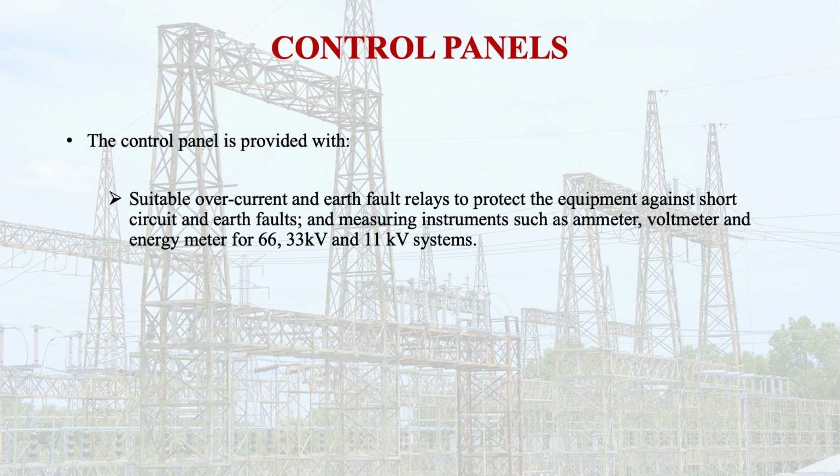Similarly, earth fault relays are used to protect against earth faults, so that if there is any earth fault in the substation, the relay can detect it. And measuring instruments such as ammeter, voltmeter and meter for 66 kV, 33 kV and 11 kV systems.